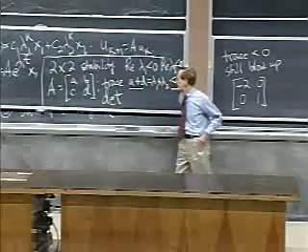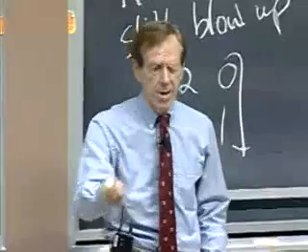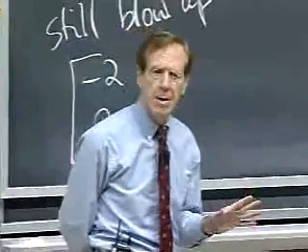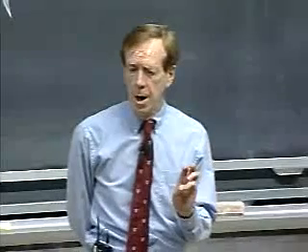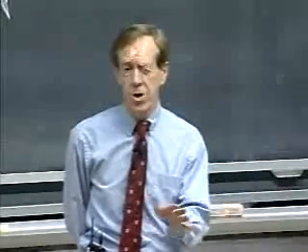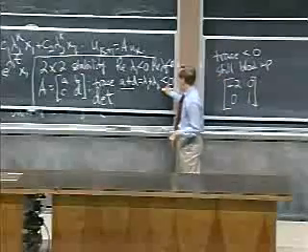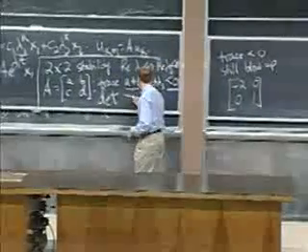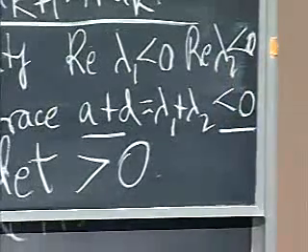And what's that condition? Suppose I know the 2 eigenvalues are both negative. What does that tell me about the determinant? If I know both the eigenvalues are negative, then I know the trace is negative, but the determinant is positive, because it's the product of the 2 eigenvalues.